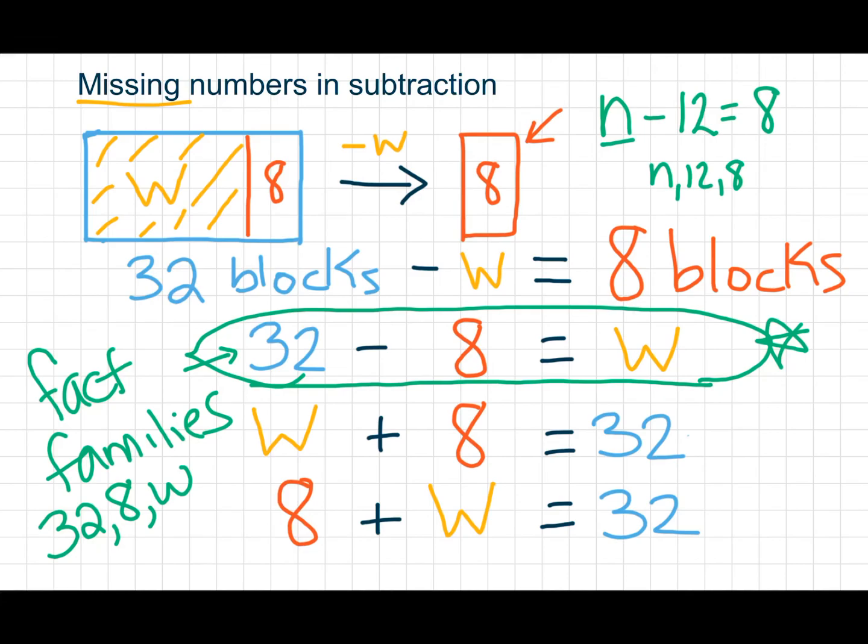So regardless, we're going to be able to figure out that number, thinking about fact families, because n minus 12 is 8, 12 plus 8 is n, and 8 plus 12 is n, right? So you should recognize that n has got to be 20.